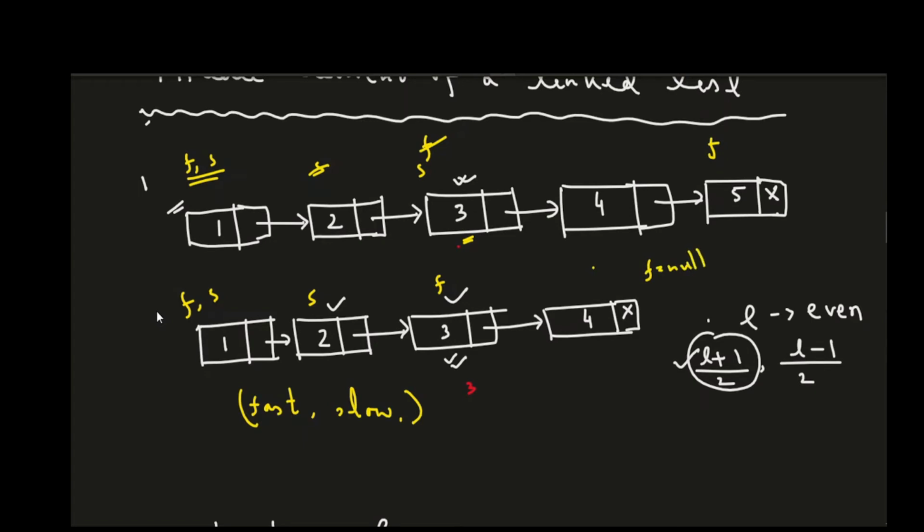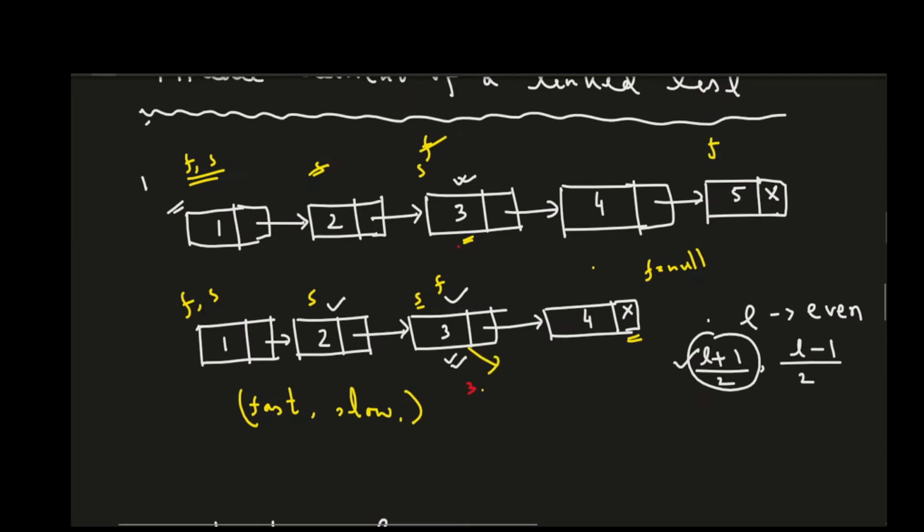And slow comes here in the second iteration. So in the loop we will keep the condition when fast equals null, or fast next is null. So when fast is null in this example, we will stop here and we will return this 3, right?